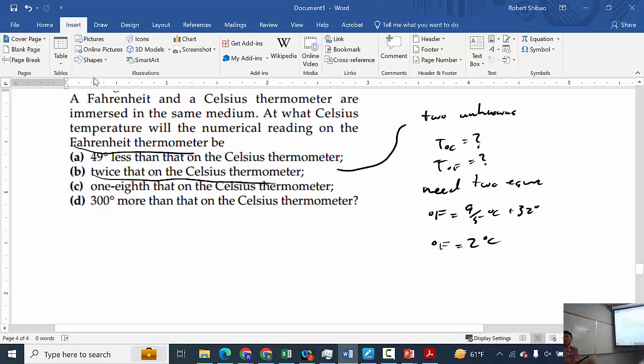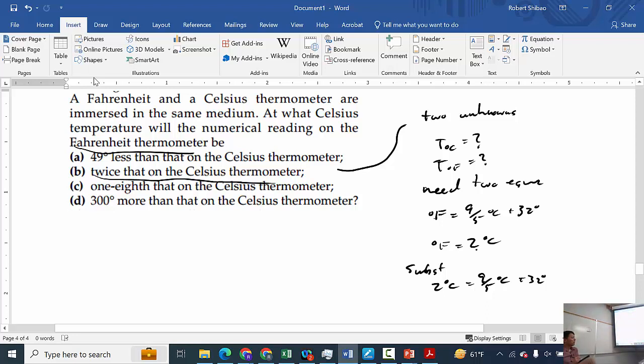Okay, now we have two equations. What do we do? We substitute. So I'm going to just go ahead and substitute. Degrees Fahrenheit is equal to 2 degrees Celsius, which is equal to 9/5 degrees Celsius plus 32. And then I'm going to solve for degrees Celsius. So 9/5 is 1.8.